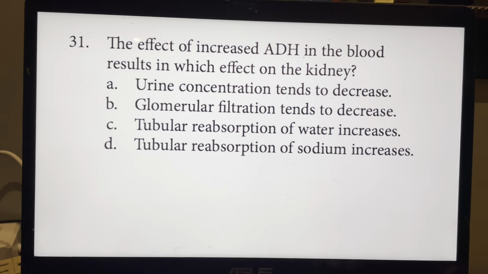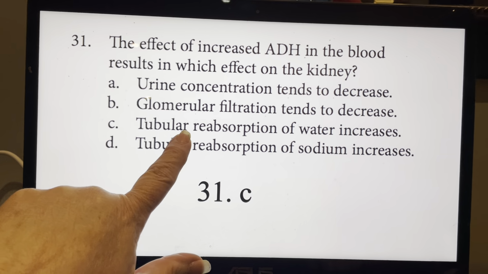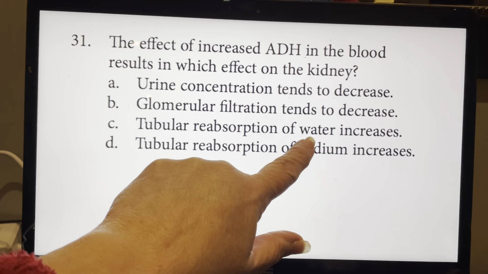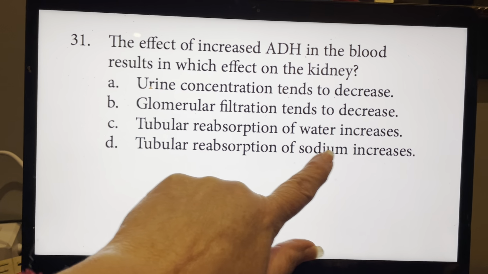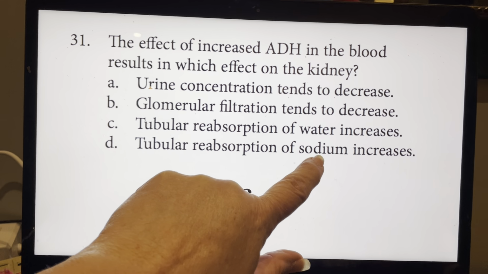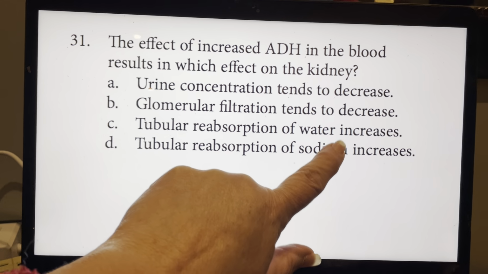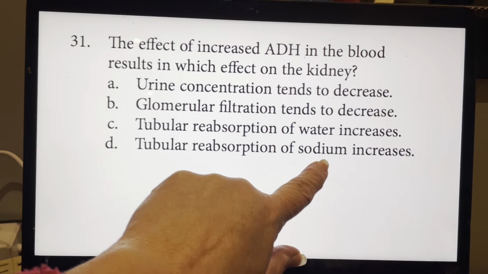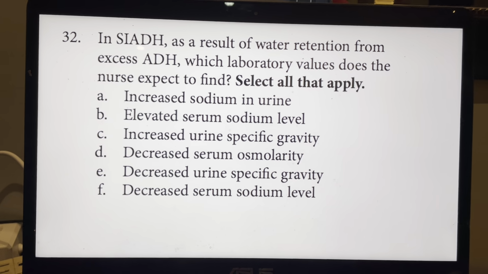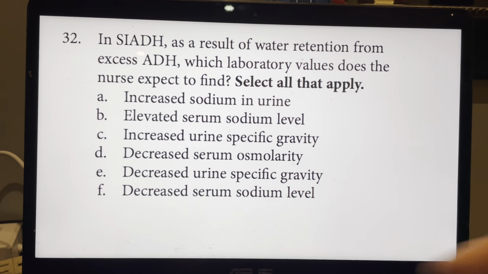You got your answer? Tubular reabsorption of water. ADH tells the kidneys to save water. Aldosterone is a mineralocorticoid, and it tells the kidneys save sodium, and water follows that. I've got adrenal glands coming next with stuff like this.